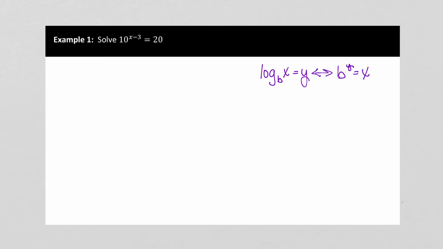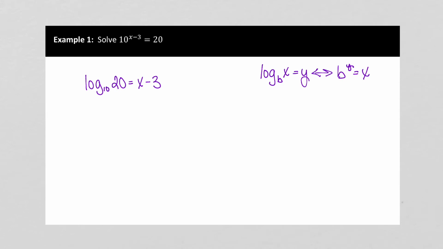So to change 10 to the x minus 3 equals 20 to a logarithm, we'd have log base 10 of what's in the x spot, that's 20, equals the exponent x minus 3. Now, why does this help us?